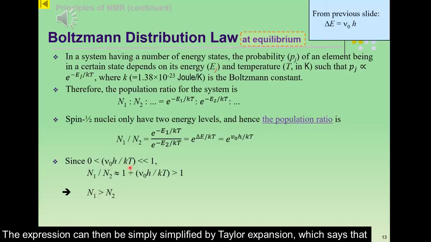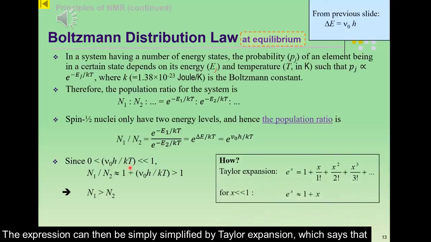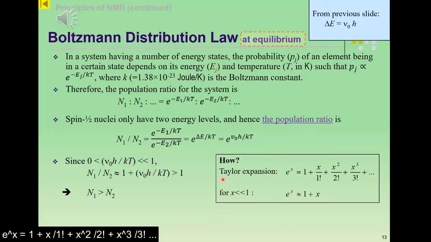The expression can then be simplified by Taylor expansion, which says that e to the power of x is equal to 1 plus x divided by 1 factorial plus x squared divided by 2 factorial plus x to the power of 3 divided by 3 factorial, and so on.